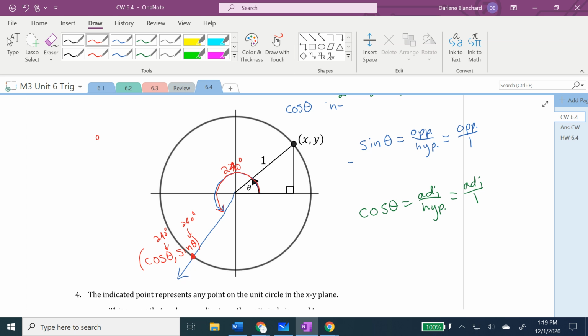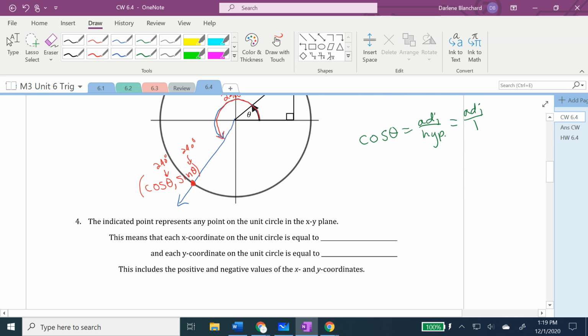And I'm going to teach you how to find those. So what I want you to write down is: each x-coordinate on the unit circle is equal to cosine theta. Each y-coordinate on the unit circle is equal to sine theta. And very importantly, this includes the positive and the negative values of those x and y coordinates.